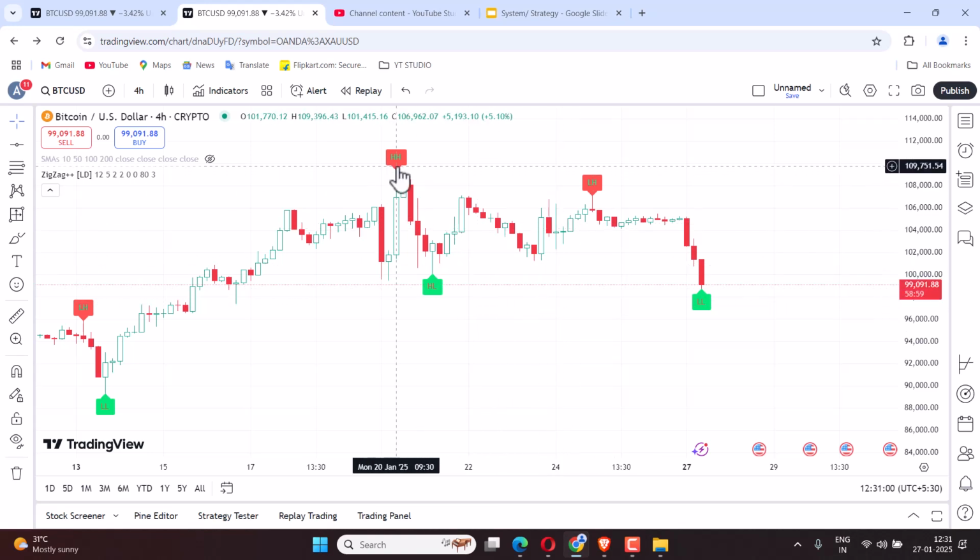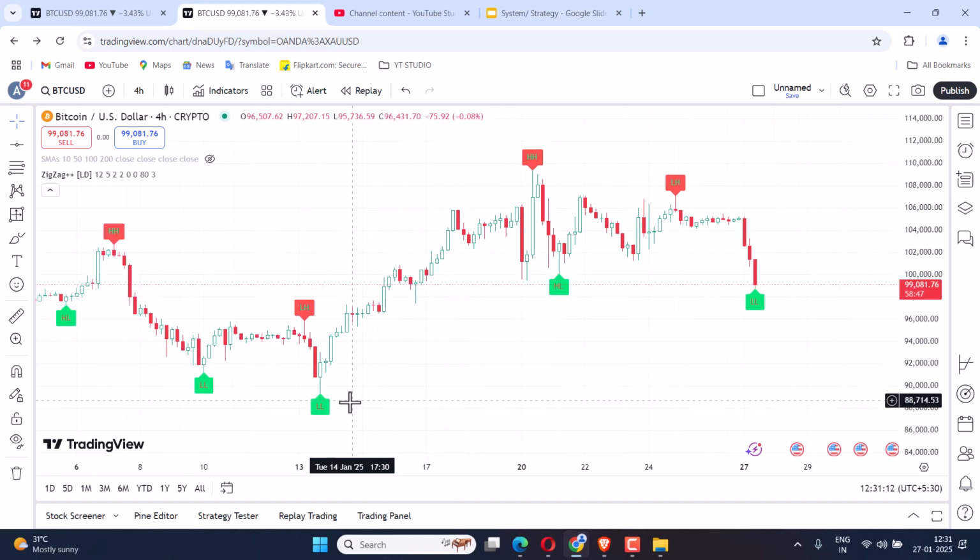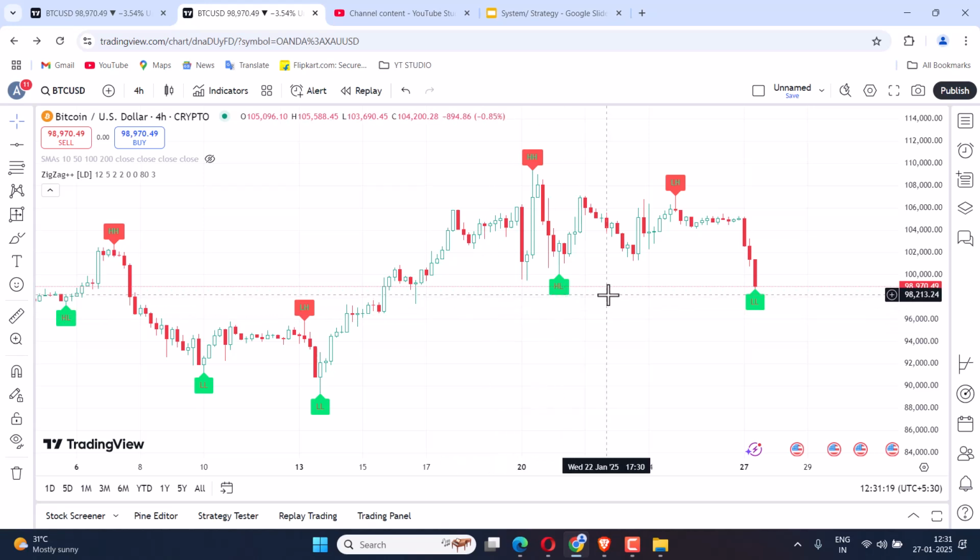As you can see, we created a higher high here on Monday the 20th, and then we had a higher low because we didn't break the previous lower high. So it created a higher low, and then we went up.